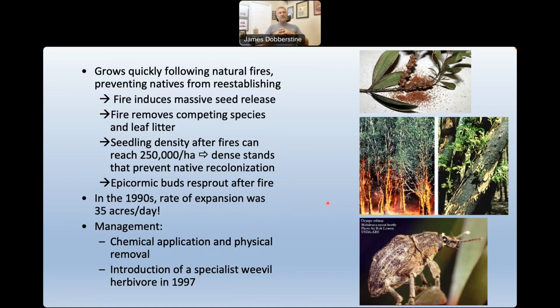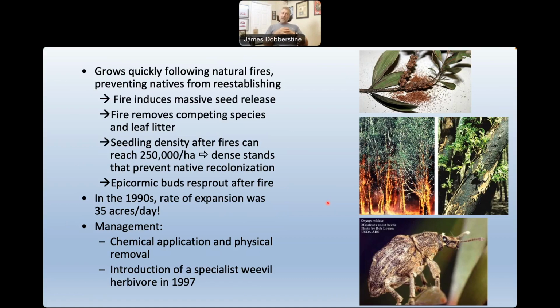That is just a tremendous number. That's over 100 acres every quarter. It's just incredible. Anyway, to manage these, really the only options are chemical application or physical removal.